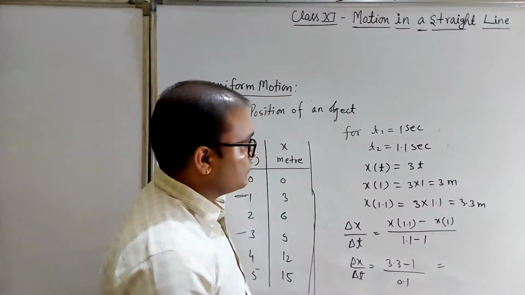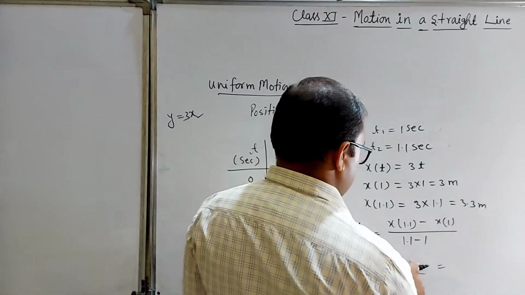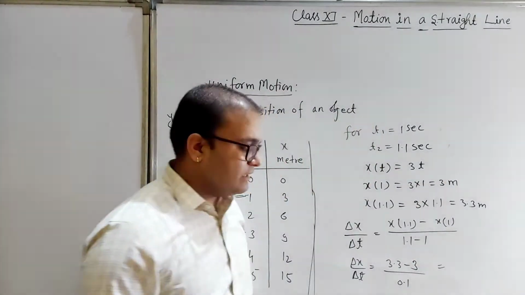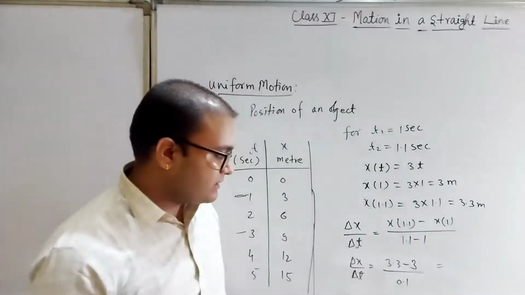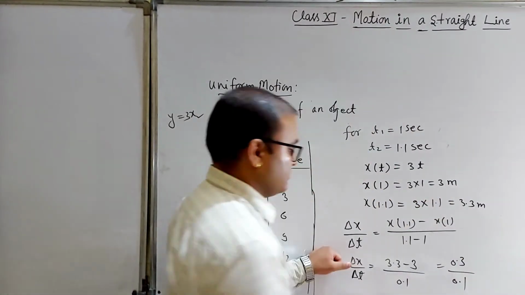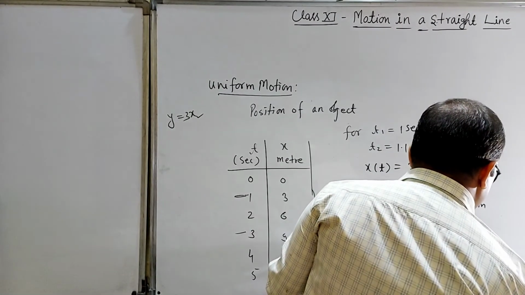So 3.3 minus 3 will be equal to 0.3 upon 0.1. Solve this one. So what will we get? We will get again 3 meter per second.